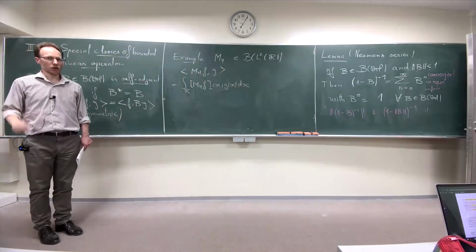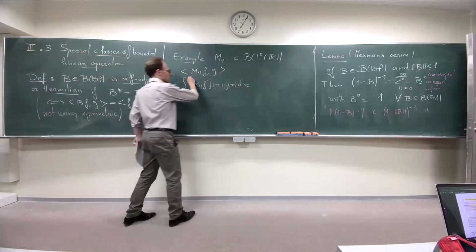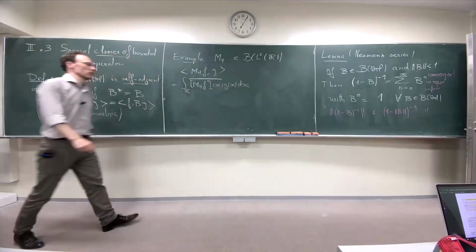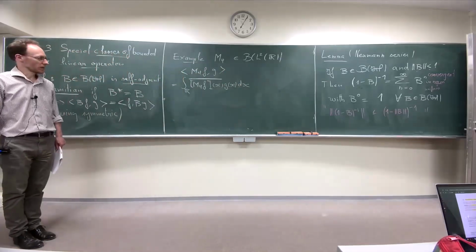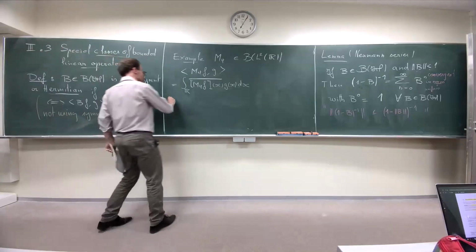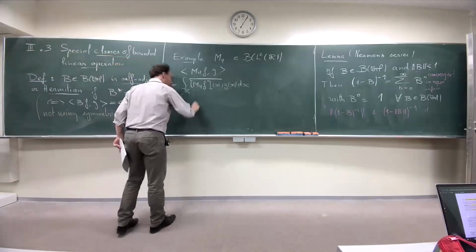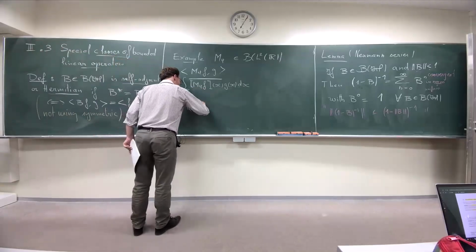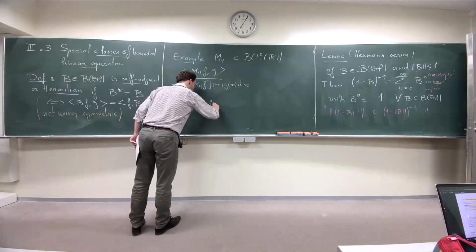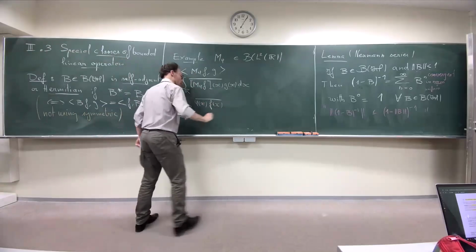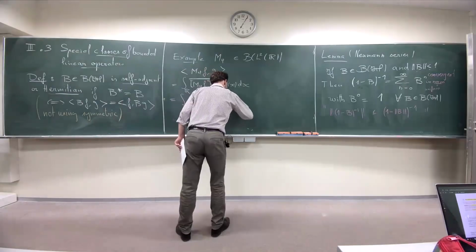The scalar product has a complex conjugation. So I take this complex conjugation on the first term. And what is this? This is the integral on R of phi of x, F of x, everything complex conjugated, times G of x dx.